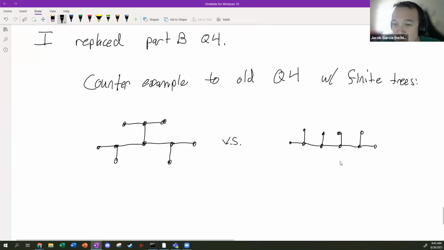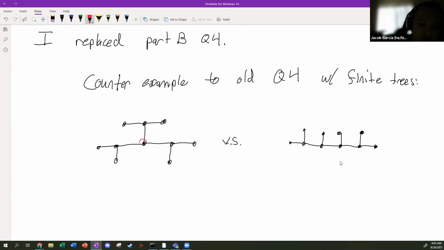These two spaces have the same number of valence 1 and valence 3 vertices, right? They both have 4 vertices of degree 3, and they both have 6 vertices of degree 1 and no other vertices.